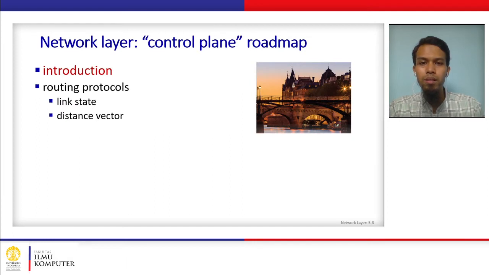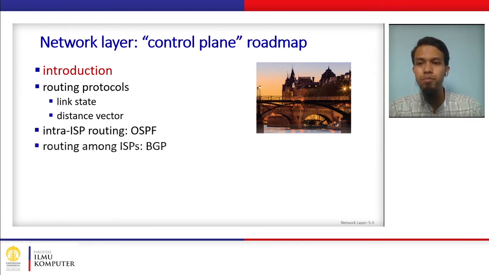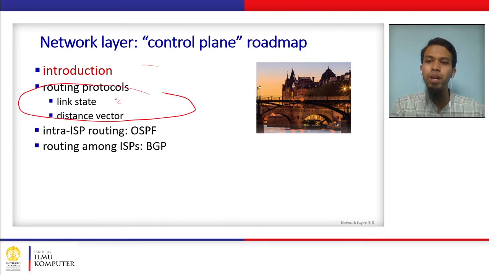Okay, so this is our outline or plan for this chapter. First, introduction, and then, as I said before, the highlight of this chapter: routing protocols. We have two types of routing algorithms: link state and distance vector. Then the implementations: one is OSPF, for what we call intra AS or intra ISP.